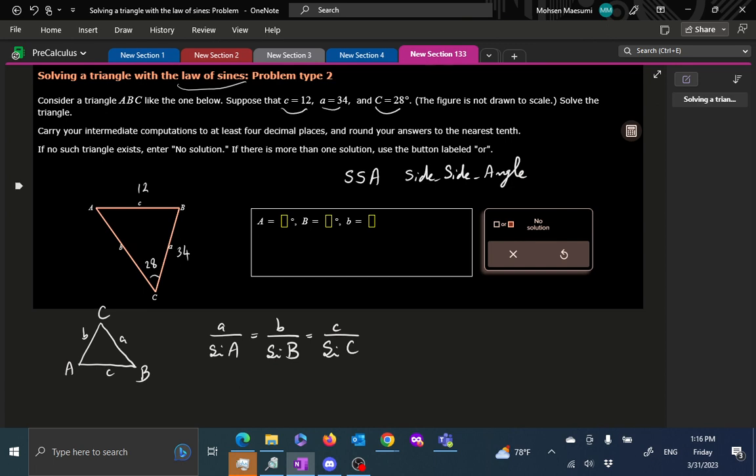I have a, which is 34, over sine of A, which I don't know, and that is equal to c, which is 12, over sine of C, where C is 28, and that is equal to b, which I don't know, divided by sine of B.